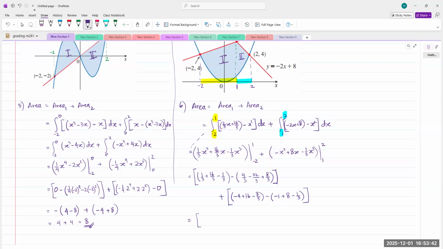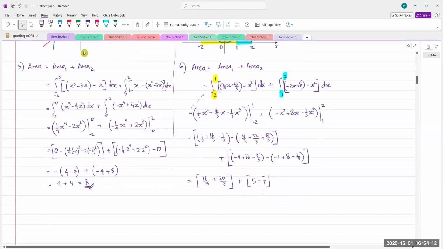So in the first one, I have 16/3 minus 12, negative 20 plus 20/3. That's in the first group, plus the second group, 12 minus 7, that's 5, and then minus 7/3.